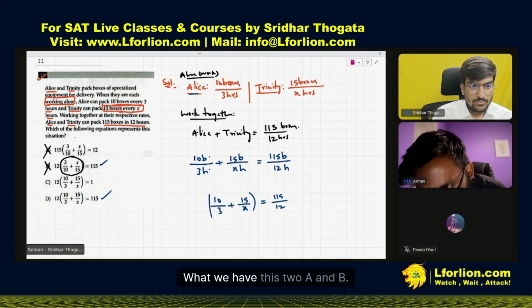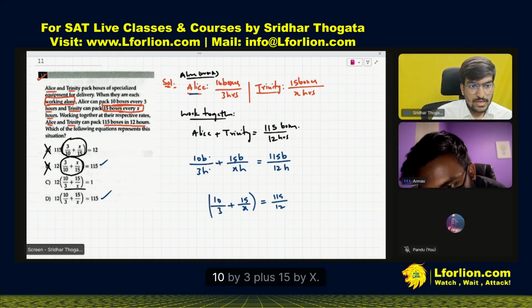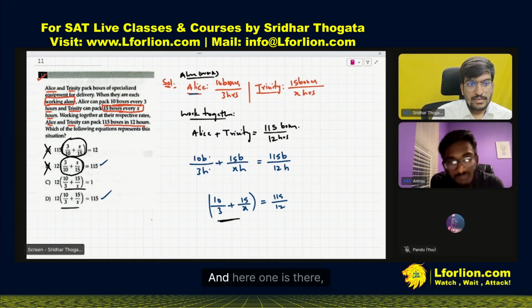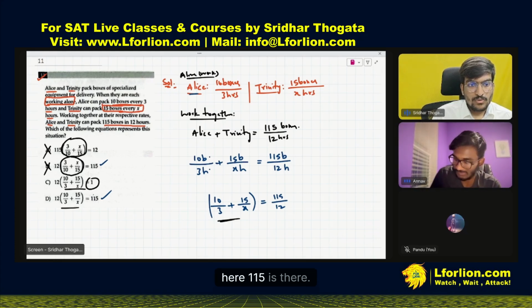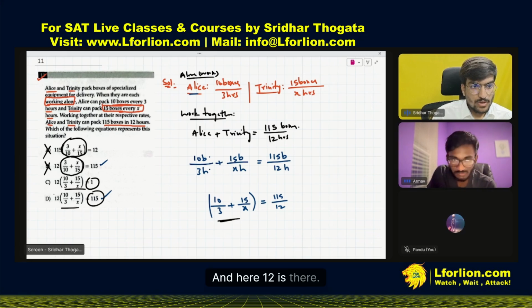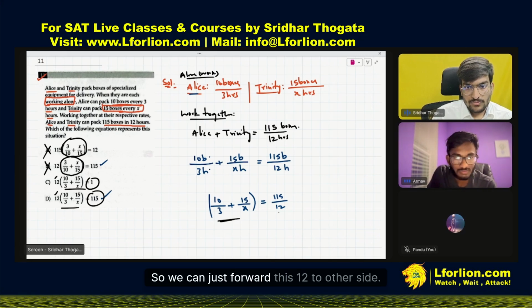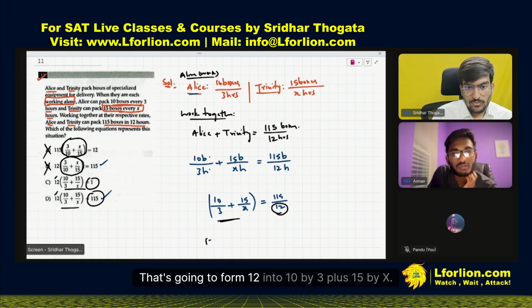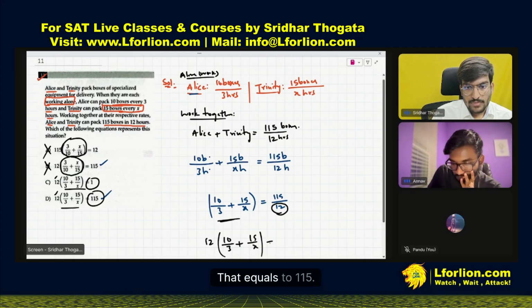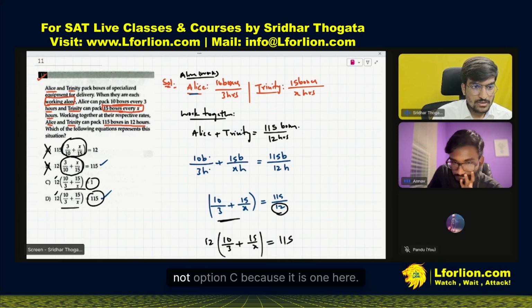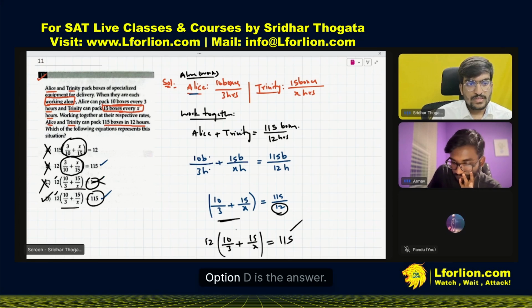But you can see this middle part, 10 by 3 plus 15 by X, it's matching with our thing. And here 1 is there, here 115 is there, and here 12 is there. So we can just forward this 12 to the other side. That's going to form 12 into 10 by 3 plus 15 by X equals 115. So it's option D, not option C, because it is 1 here. It's actually 115. Option D is the answer.